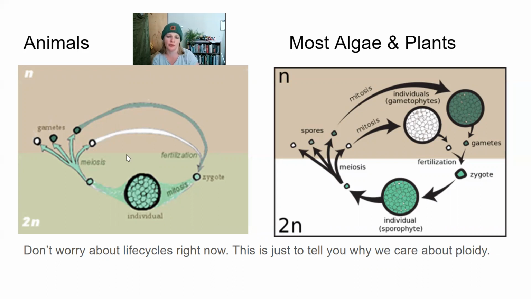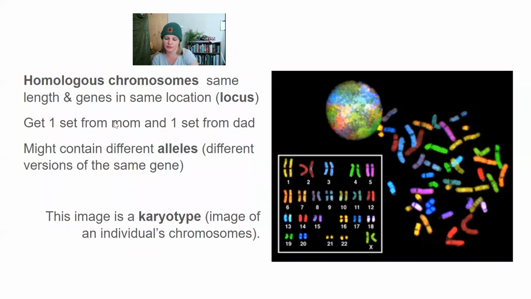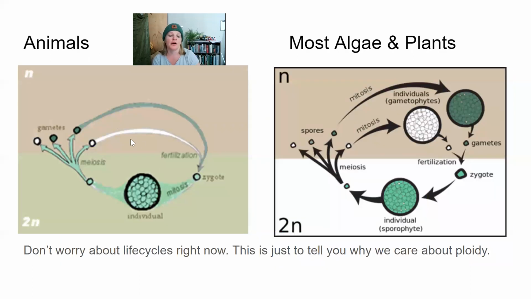For animals, we have our multicellular life stage as a diploid. We have specialized cells that are going to undergo a process called meiosis, which we'll talk about next week. Those are going to create haploid gametes, so we just get rid of half of our chromosomes.